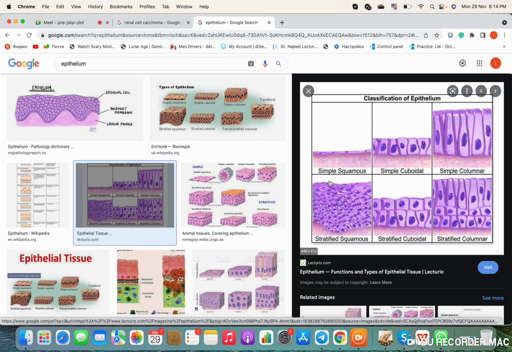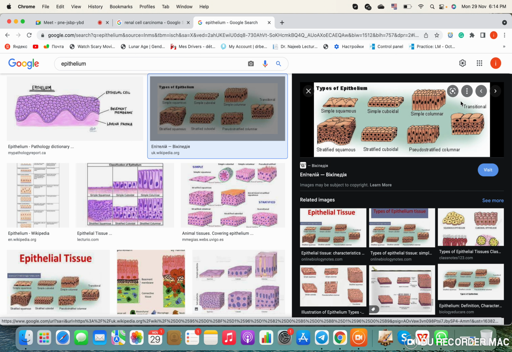So you can see simple squamous, cuboidal, simple columnar, stratified squamous, stratified columnar. Don't worry too much about it now, but all over your body, in different tissues, you have different types of epithelium. For example, a really high yield one, the one located at your lower esophagus, is a stratified squamous epithelium.